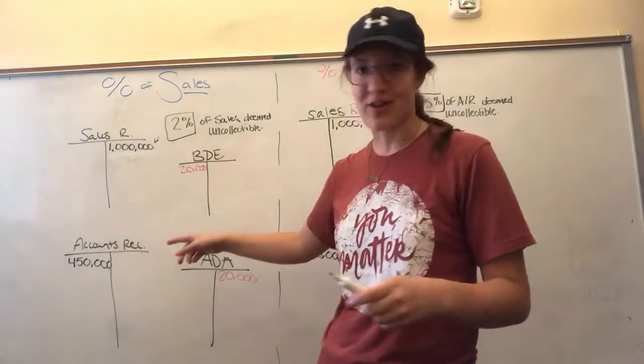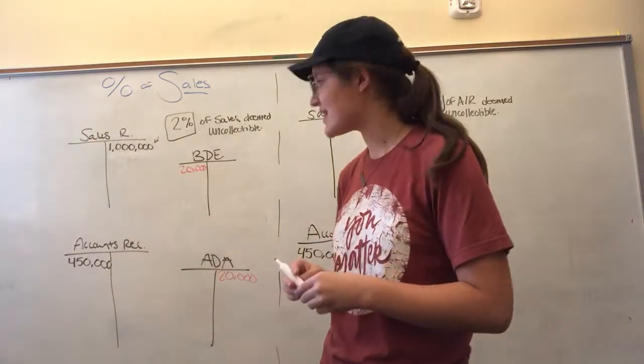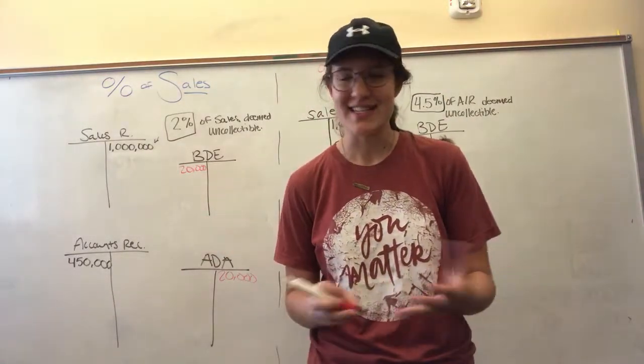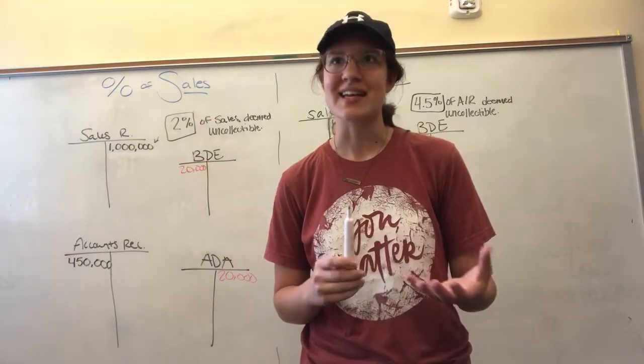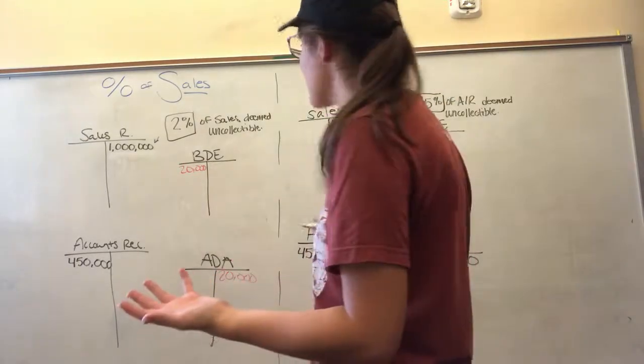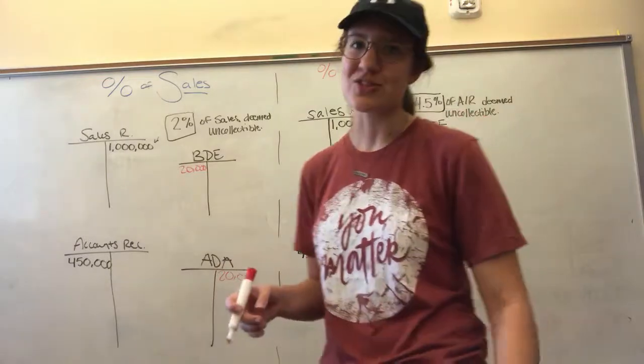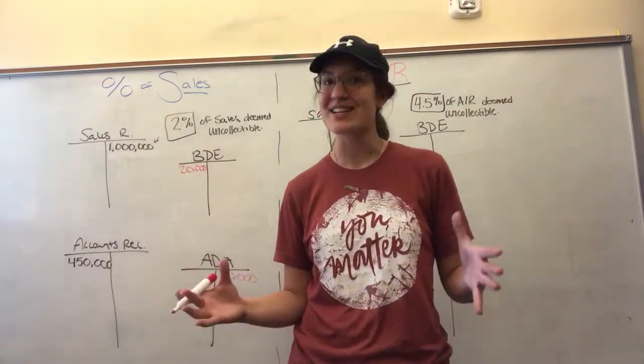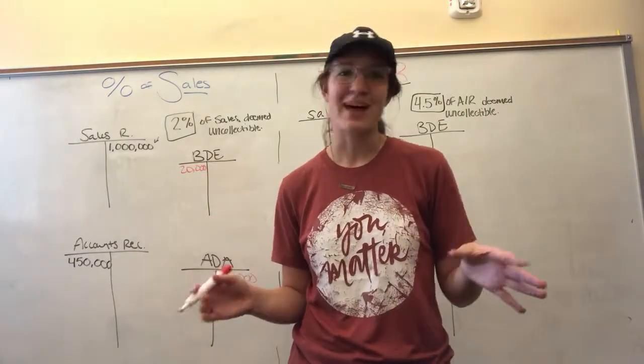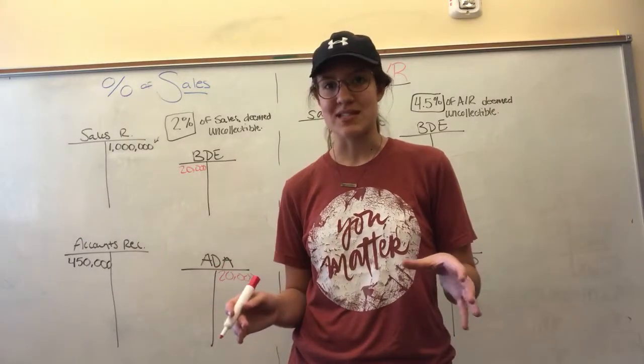So in this instance, let's pretend that we have a client named Mr. Smith. And Mr. Smith owes us $800, but it has been 3 years and he has not paid us a penny. So we do not expect to receive it anymore.